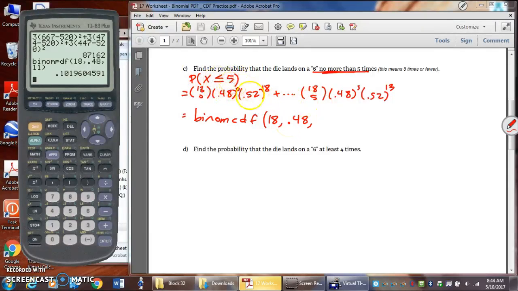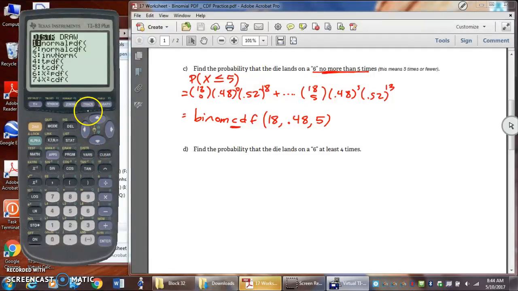So we want less than or equal to 5, so I'm going to put a 5 there, and binomcdf will do everything less than or equal to 5 and add them all together for us. So second vars, binomcdf, 18, 0.48, and 5. Then we have our answer, 0.0676.